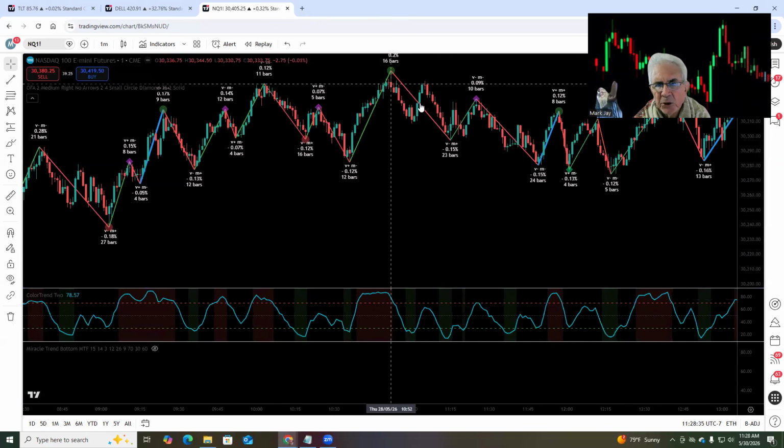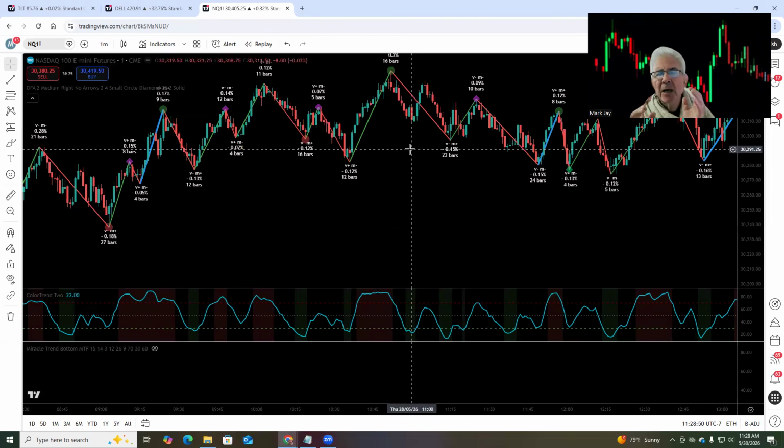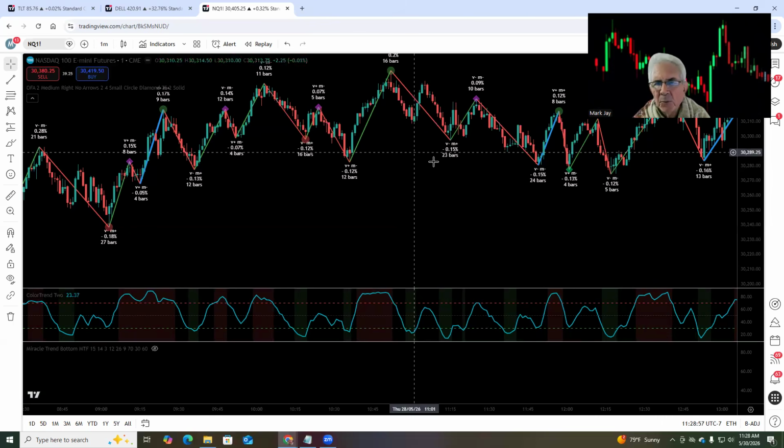We had a little bit of jumpiness here. It didn't quite take us out. We got out on the green color match, so we would have made either a little bit here or break even, no problem.